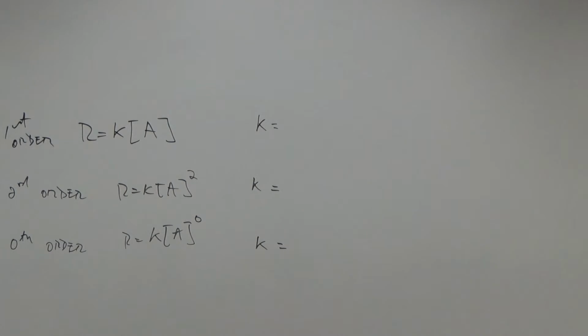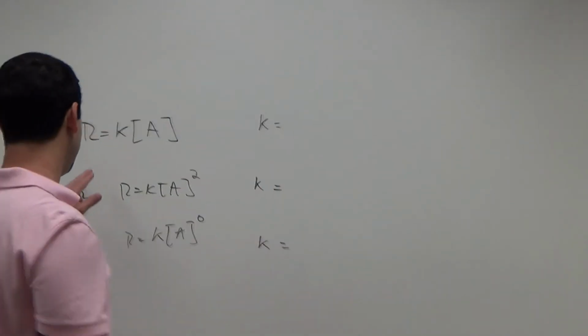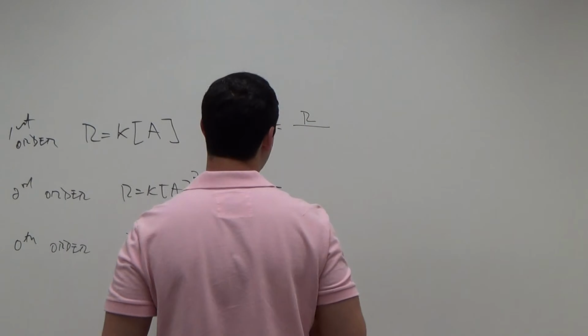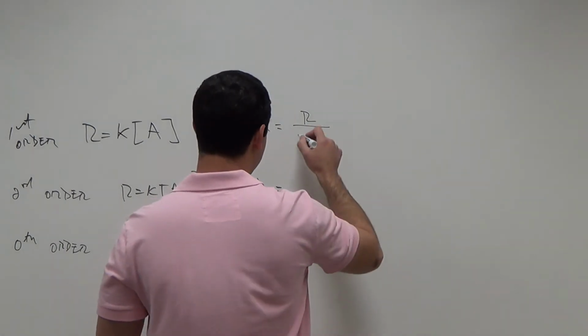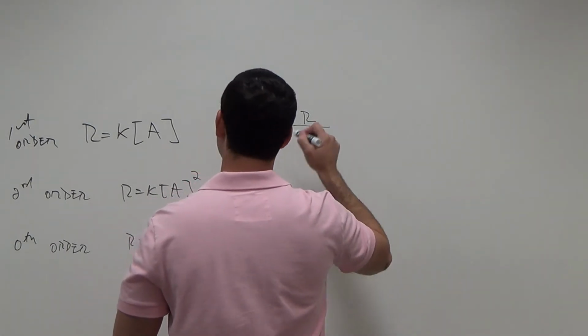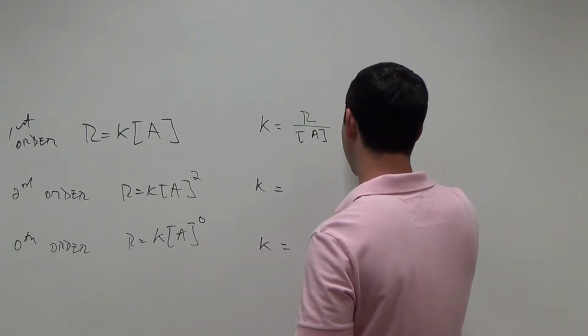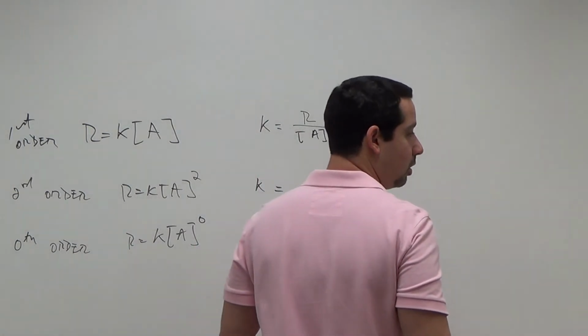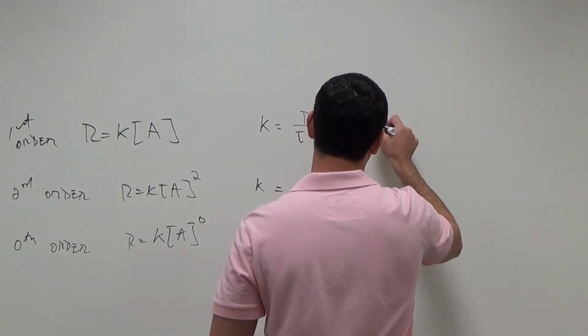What do you do, guys? You solve for K, yes? If you solve for K, R, on the other side, will be divided by what? By the concentration. This is the concentration of A raised to the first power. What are the units on R? Molarity per second.